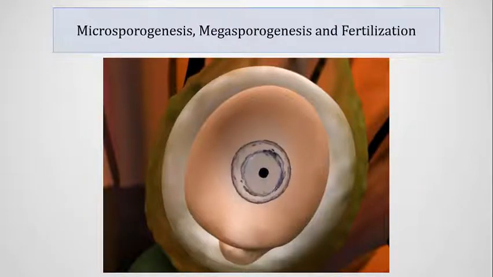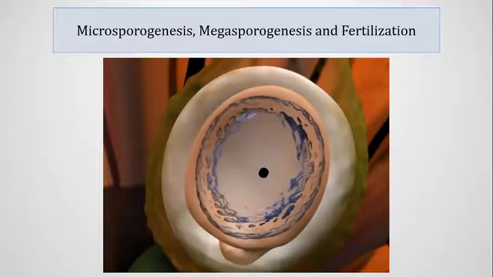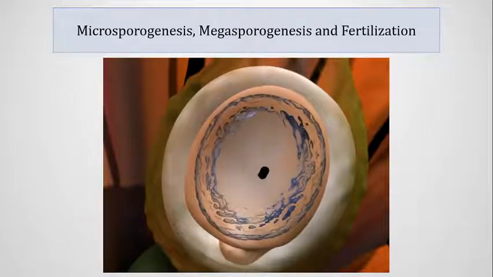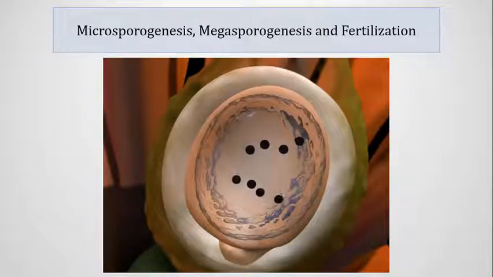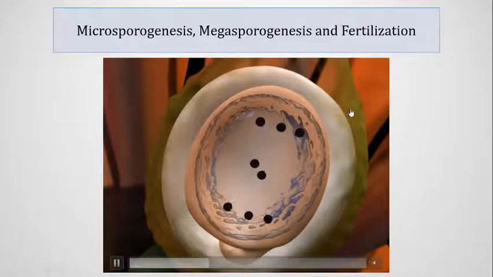So this only 1 megaspore will form the embryo sac, and the nucleus of this megaspore divides mitotically to produce at first 2 nuclei, and then 4 nuclei, and then 8 nuclei. So among these 8 nuclei, 2 nuclei will come to the center to form the secondary nucleus, and the rest 3 and 3 will go to the opposite poles of the embryo sac.